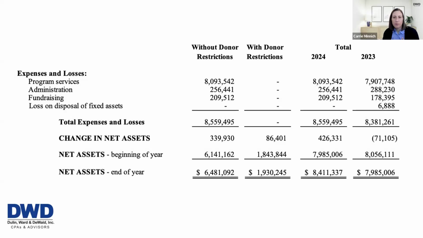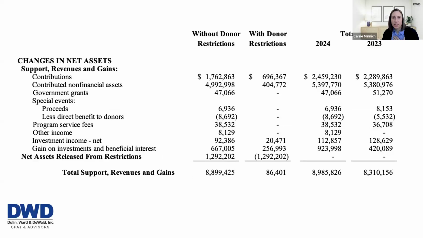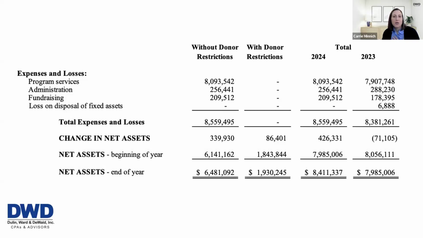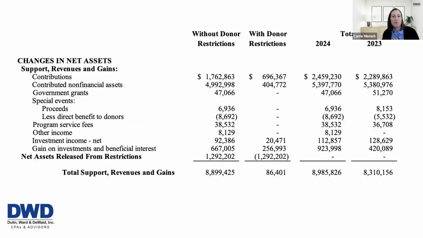Now, when we look at this with donor restrictions, I just want to say one other thing: sometimes this column right here, this 86,401, sometimes that's negative. And that could be a timing difference, because sometimes this 1.2 that we released this year is not money that has been received in the current year.